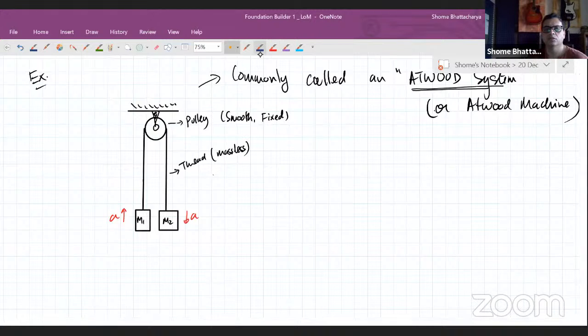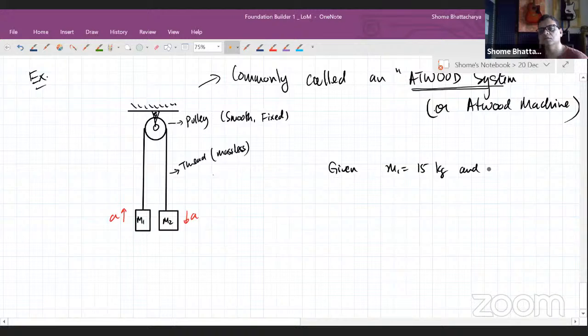So again, what we have to do is that, given this time, let's say the masses are M1 is 15 kg and M2 is, let us say, 35 kg.